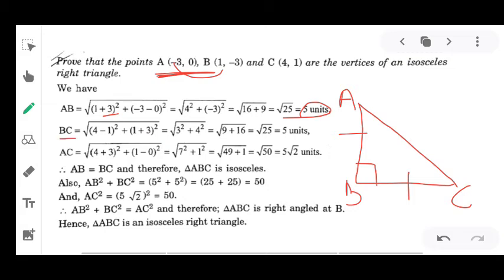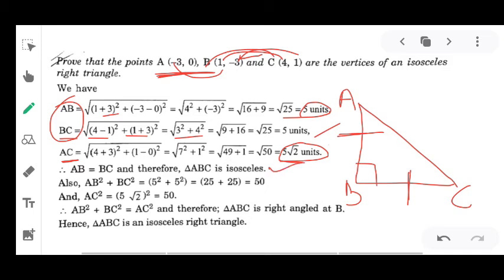Like that BC, there is (4 minus 1) whole square, then (1 minus minus 3), that is 1 plus 3, 4 square. So 3 square plus 4 square, that will be 5 units. So AB equal to BC, that means this is an isosceles triangle. Then I have to prove that it is a right angle also. So find out the value of AC, that is 5 root 2 units. AB equal to BC, so this is an isosceles triangle.